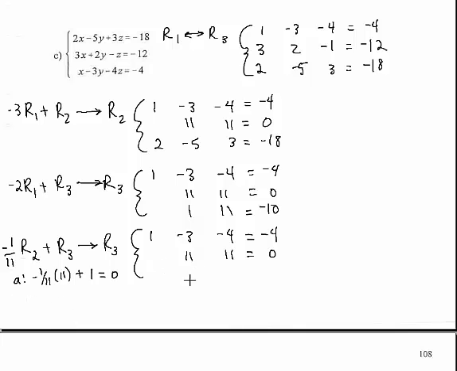So no y term here in the third equation. B, I have a negative 1 over 11 times another 11, and then that is plus 11. Row 3 was 11 in the previous system. So I have a negative 1 here plus 11, that will give me a 10.